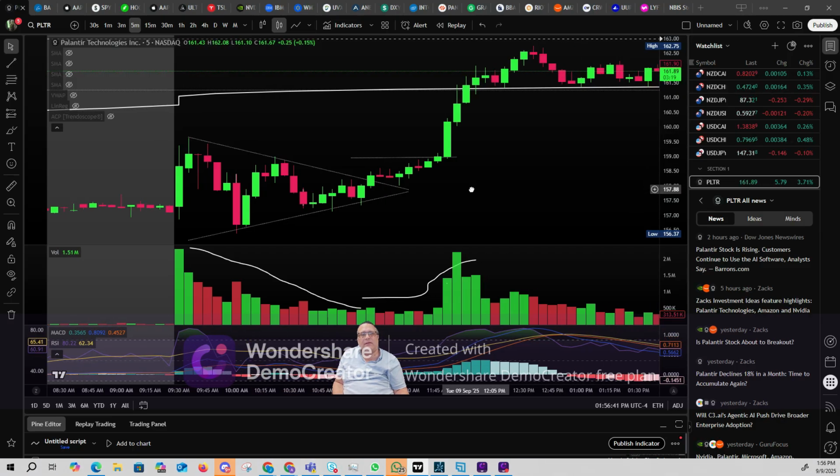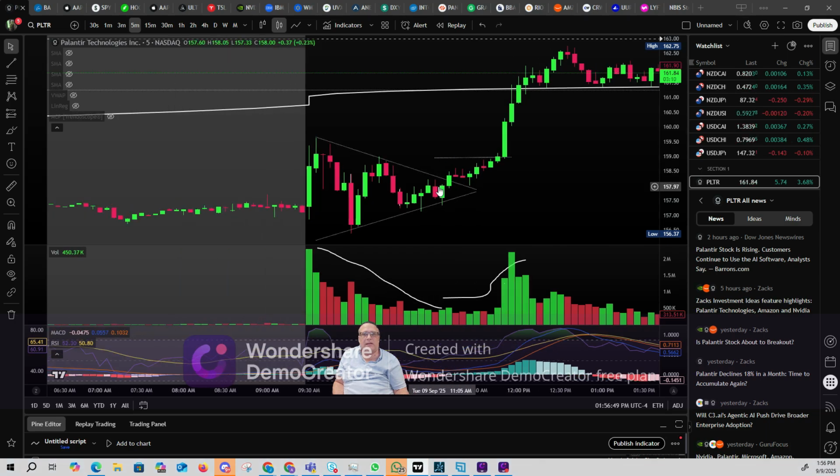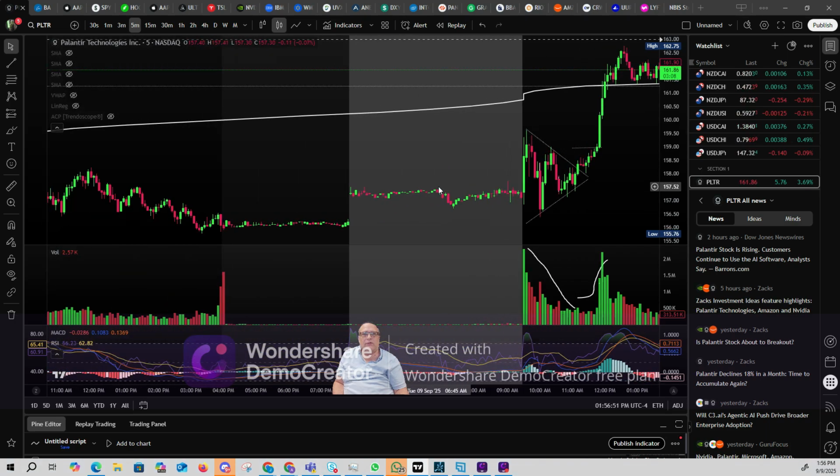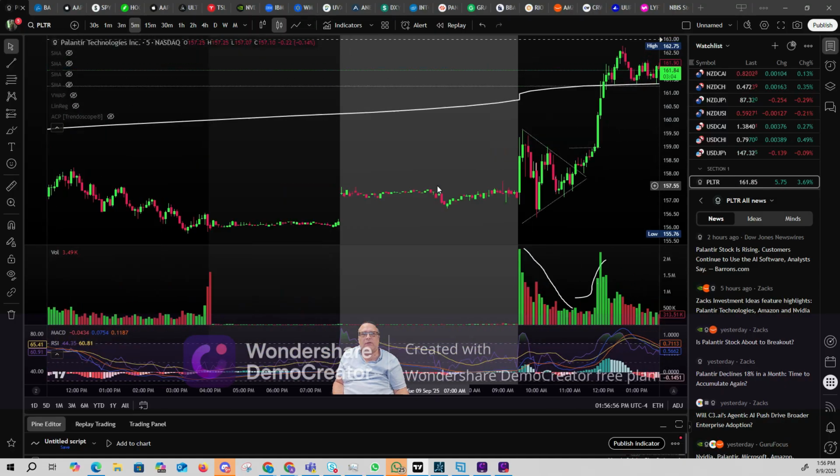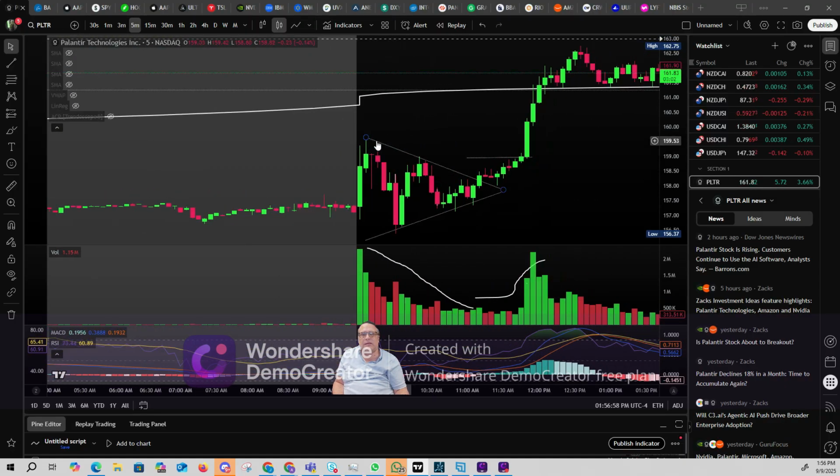I did not take this trade, although I really wanted to, but unfortunately I had a meeting at the time, so I wasn't able to take the trade. But this was really a perfect setup, and that's the importance of understanding key support and resistance levels, and understanding patterns. If you saw this wedge, it was clear that it wanted to break out, even if it broke to the downside.